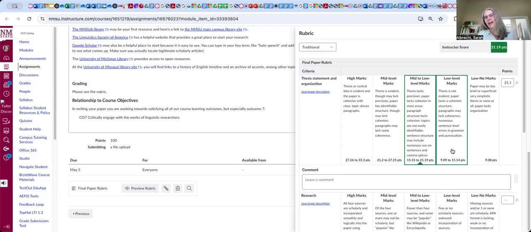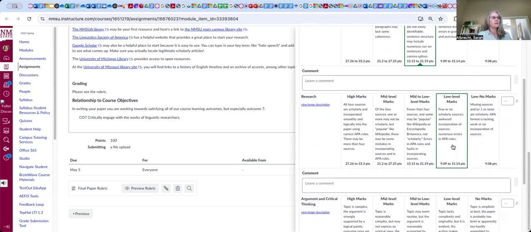So that's less than half. If you don't have a thesis, you can only score 15 out of 33 points for this section. So be really careful. And again, that's why I recommend that you send me your draft in advance and that we meet to discuss any of these elements and anything that I see or any questions that you may have.